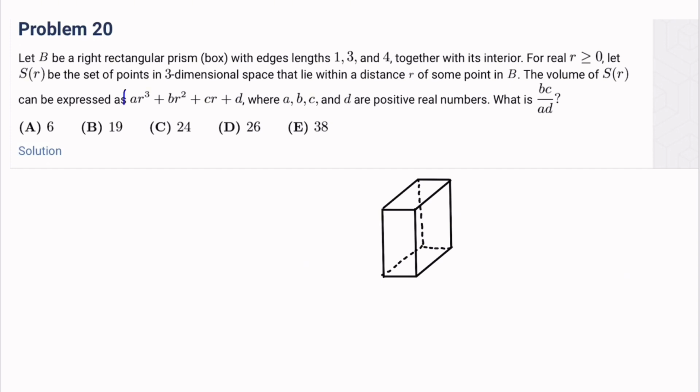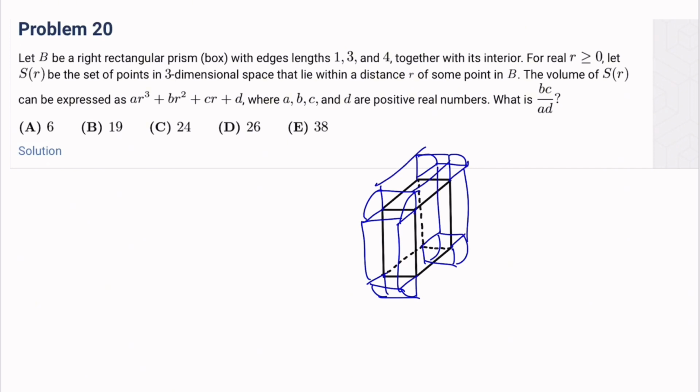But then this can be expressed as Ar cubed plus Br squared plus Cr plus D. What this means is that it's the set of points in three-dimensional space that lie within a distance r of some point in B. That just means there is going to be a set of cylinders and rectangles that go like that, and then these are added together to the overall volume, right?